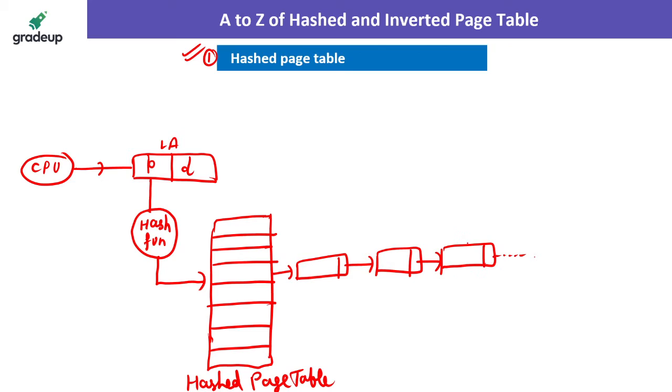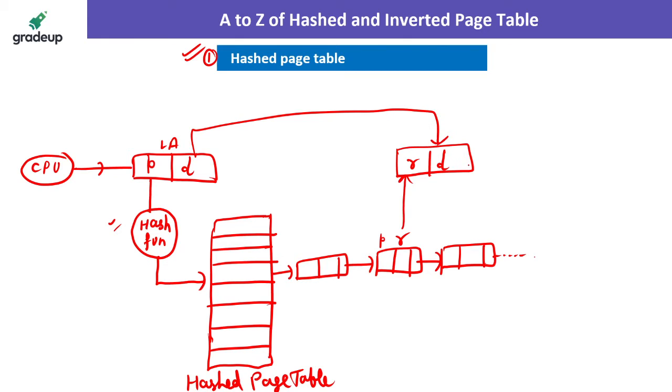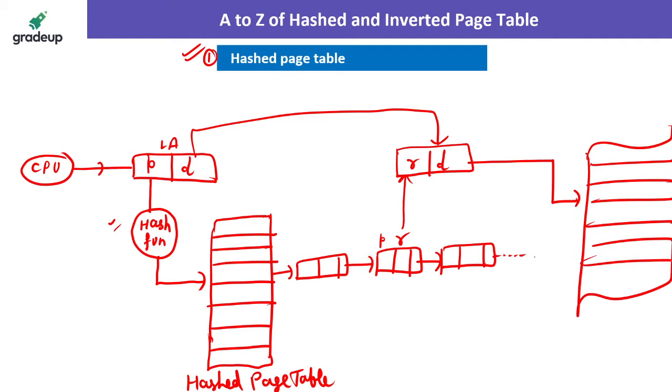This is the reason I am using chaining for hashing. So here this will be divided into two portions, P, the page number, and R. Now I will take this R value and map R with D, and this D is the offset value. Finally I will search it in the main memory, this is my RAM. So this will become your physical address, right?